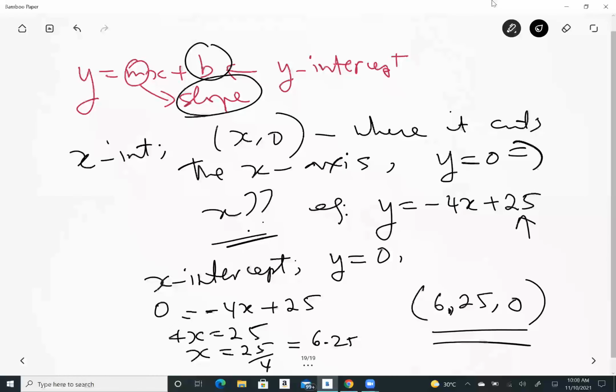Now, what is the slope? We're going to spend a little bit more time talking about the slope, because the slope is important. So you got the slope, m. What is the slope? Slope tells us the degree of the steepness of the line.